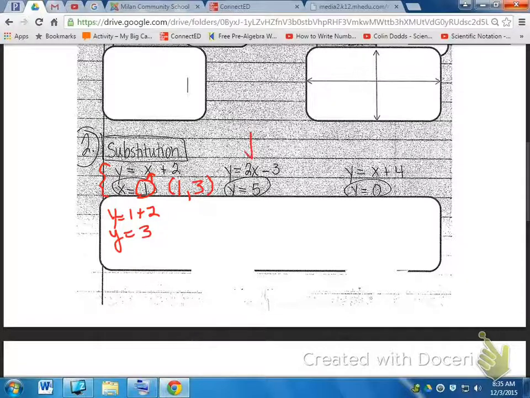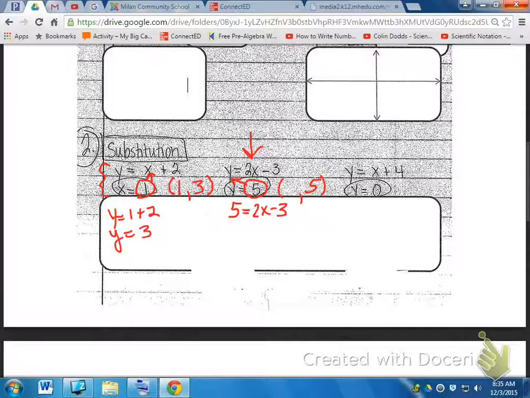Okay, the second one, y equals 2x minus 3 and y equals 5. So they're giving us half the answer. Which one are they giving us? The y. The y is 5. So you go ahead and fill that in. That means you're going to take this 5 and plug it into the other equation for y. So you would write 5 equals 2x minus 3. And then you have to solve for x.